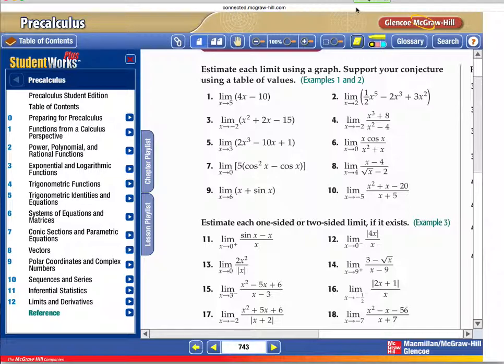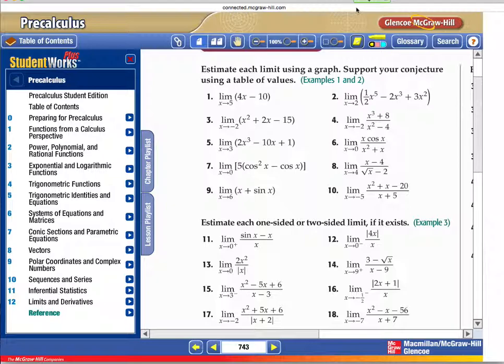So Peyton, read number 1 for me. Limit of x approaches 5, 4x minus 10. All right, he was close. There's 2 words in there I didn't like. He changed one of them and didn't say anything. All right, Tanner, tell me what it should be. What's the perfect reading at number 1?